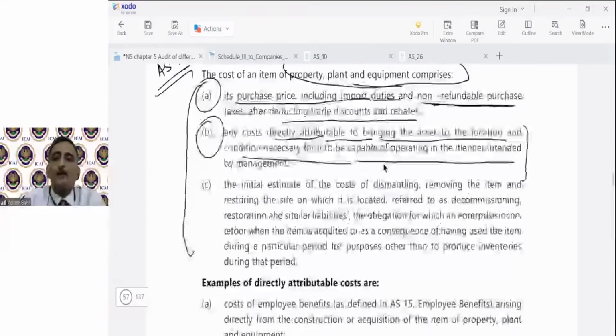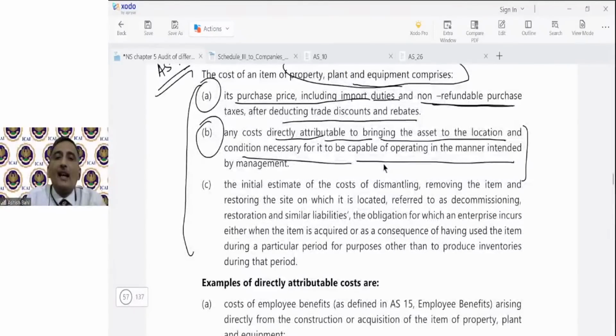And the initial estimate of cost of dismantling, removing the item and restoring the site on which it is located.